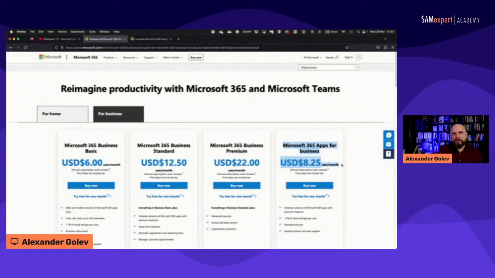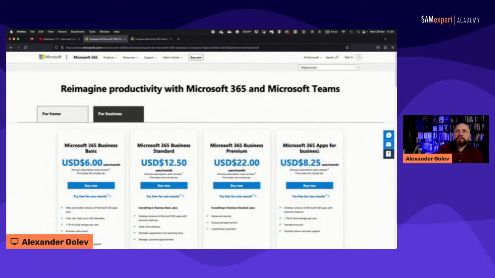So no online services. Apps for business is essentially just apps. It's not a real Microsoft Online service. But if somebody wants just applications and they don't need any other online functionality of Microsoft 365, this is the plan.